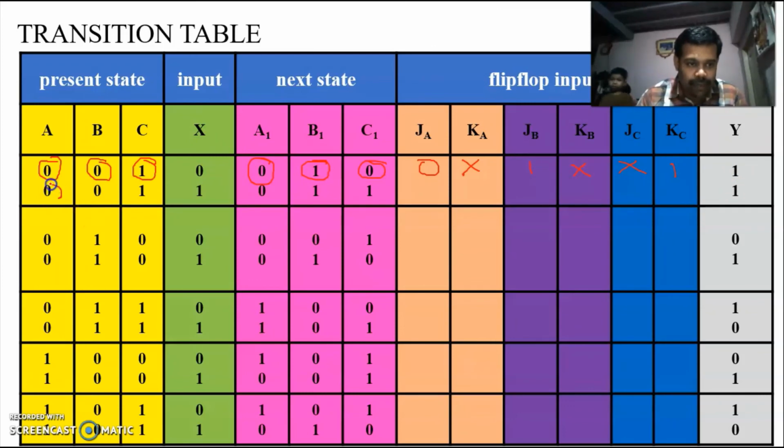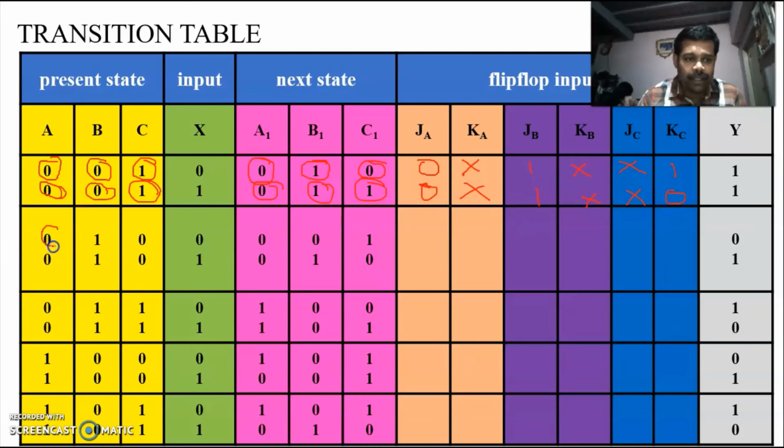Next, we have to compare A and A1, 0 0, so 0 X. B and B1, 0 1 means 1 X. Similarly, 1 1 means X 0.